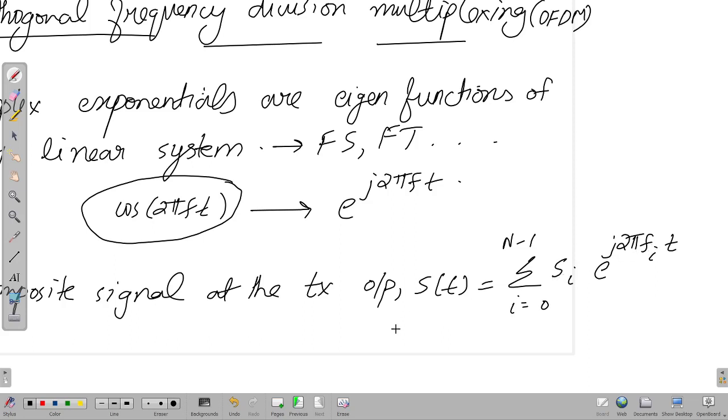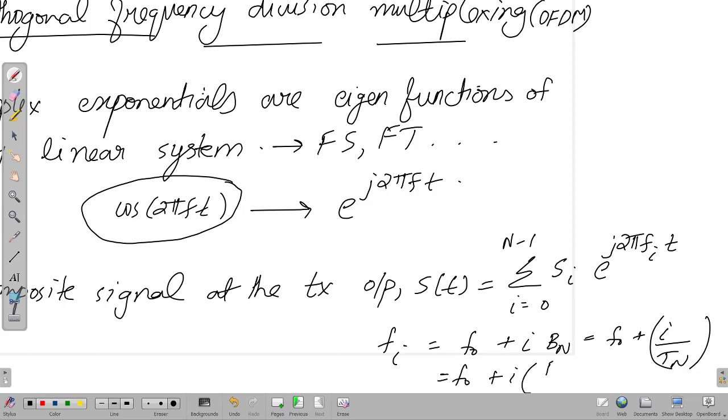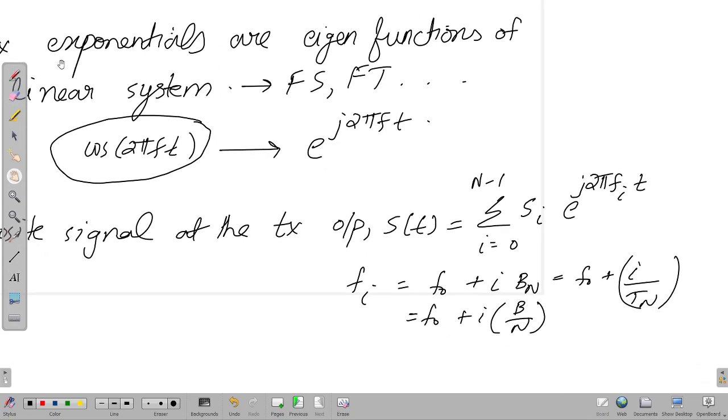What are these fi's? fi is equal to f0 plus i into 1 by Tn, or f0 plus i into B divided by N, where B is the whole bandwidth of the system.